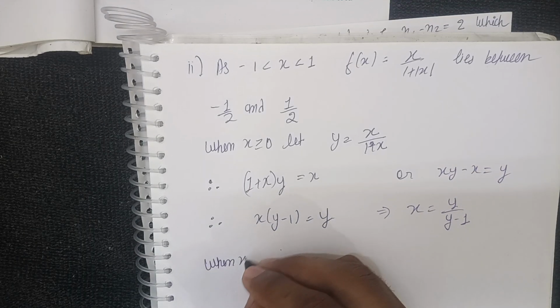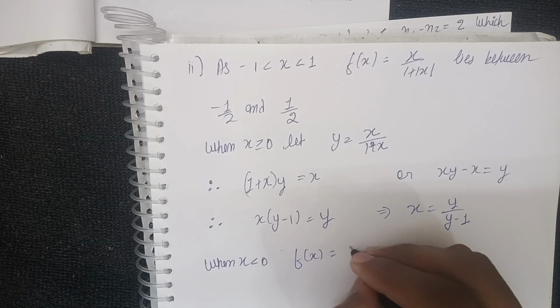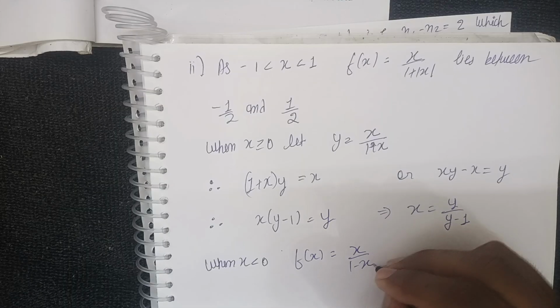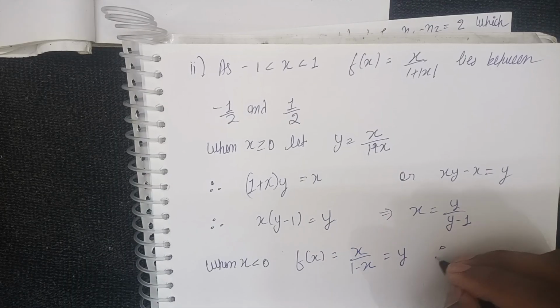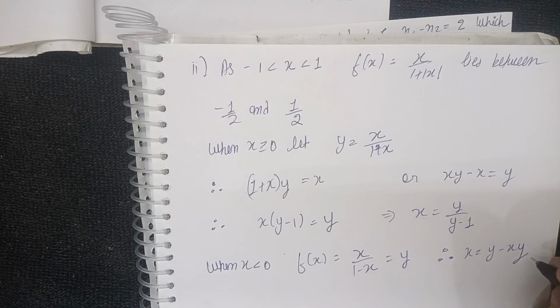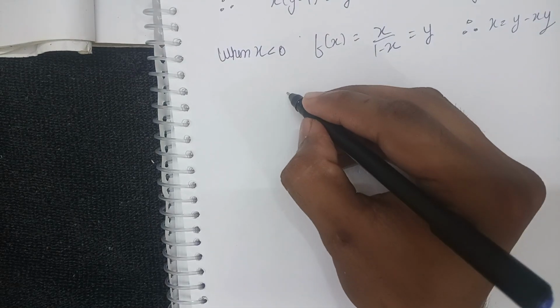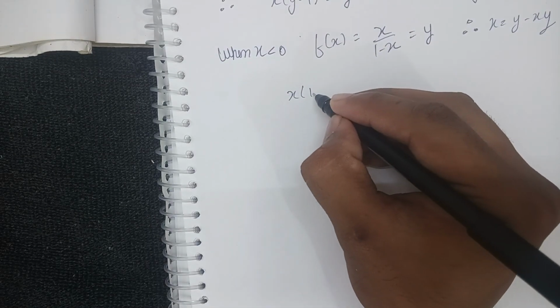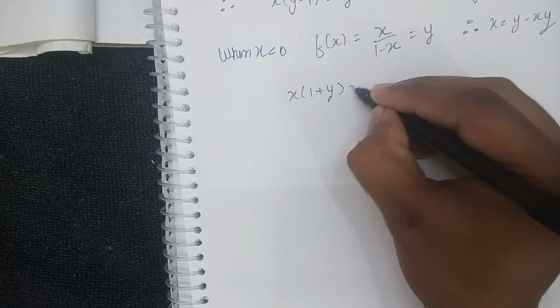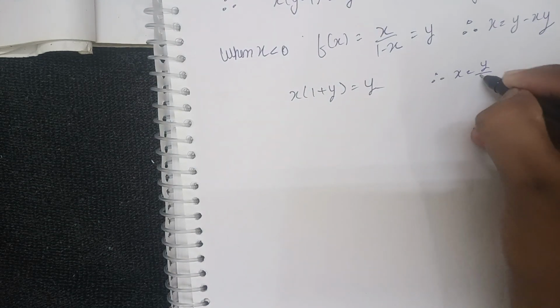When x is less than 0, f(x) is equal to x upon 1 minus x. Therefore y is equal to x upon 1 minus x, so y minus xy is equal to x, x(1 plus y) is equal to y. Therefore x is equal to y upon 1 plus y.